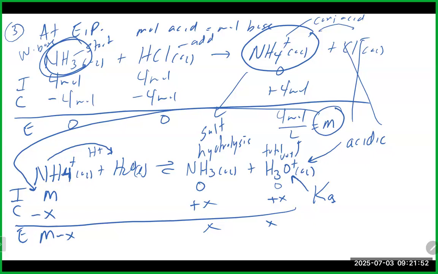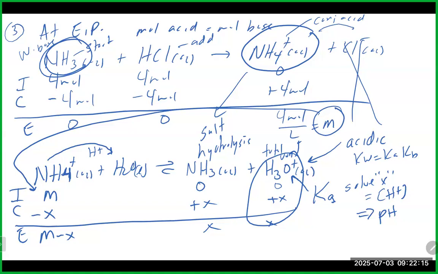So here again, you have to watch out for that. You do need the Ka value. You're probably going to have to use Kw to switch it around. Once you get that Ka value, you will solve for x. The good news on this one is x actually is the H plus concentration in this case. So that will equal your H plus, and that would then get you right into the pH.